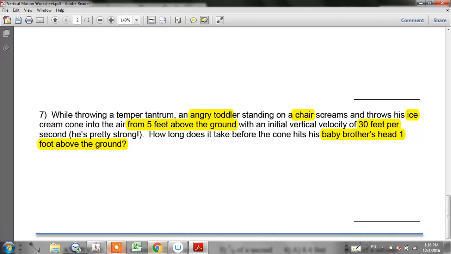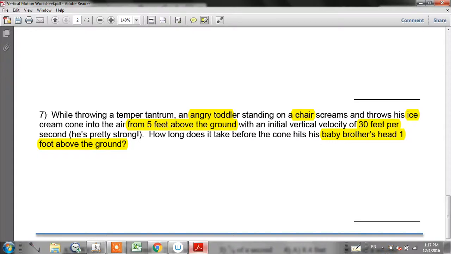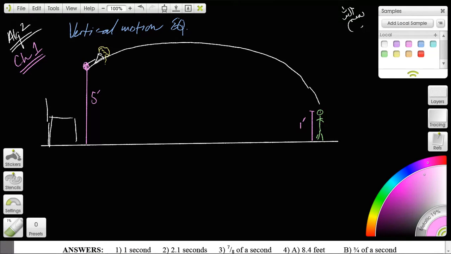So baby brother is 1 foot above the ground, like this. And the initial velocity is 30 feet per second. That's the information that we know.